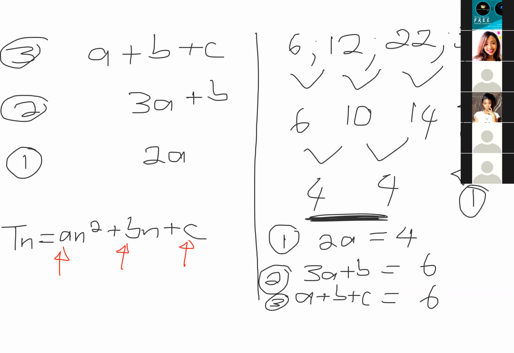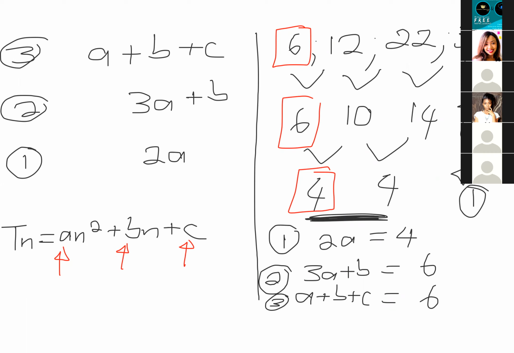So on my right-hand side, the only things I'm concerned with are the first numbers. So I'm concerned with the 6, with this 6, and with this 4. Are you with me? Yes, ma'am.